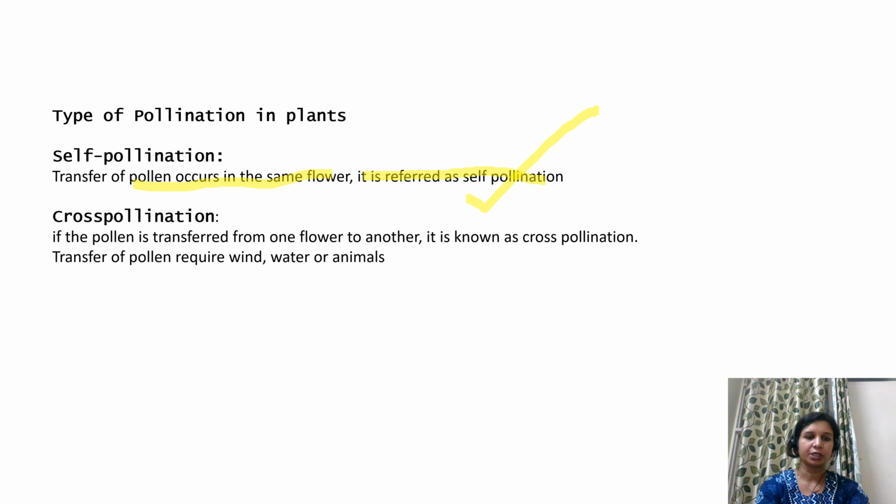Another mode of pollination is cross pollination. If the pollen is transferred from one flower to another, it is known as cross pollination. Usually it occurs in monoecious plants, in which only one, either stamen or carpel, is there in a flower, meaning either the male reproductive part or the female reproductive part is present.